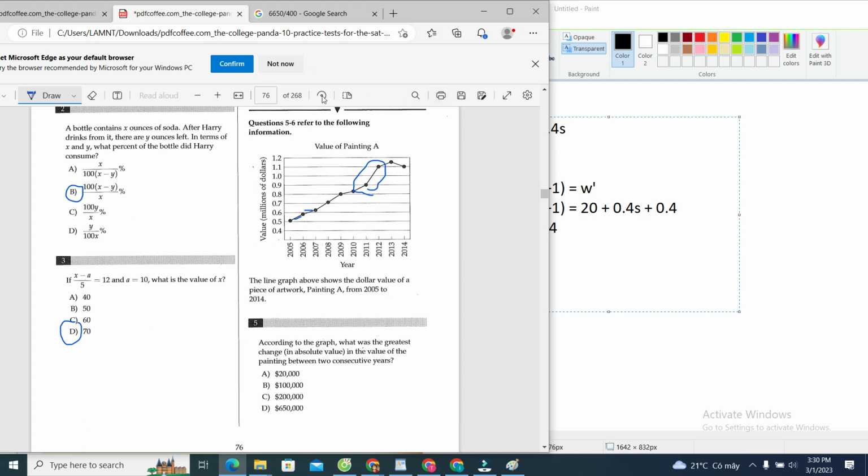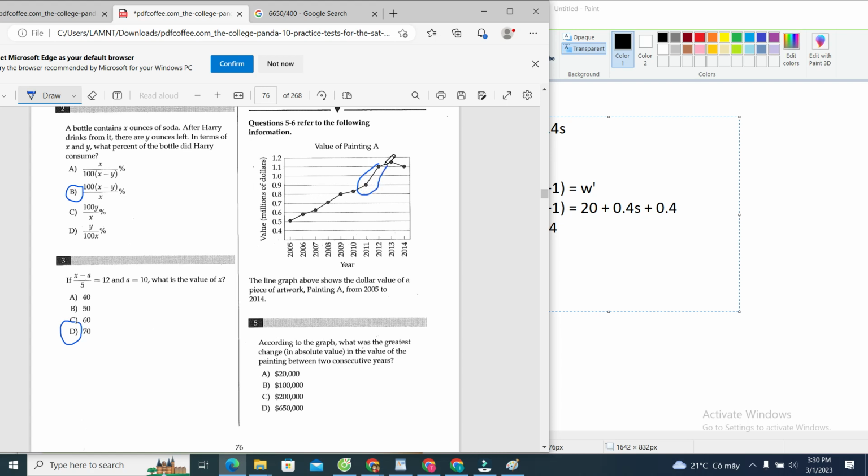Okay, I'm gonna delete it so we can see more clearly. All of the differences between 2 consecutive years are around 100,000 or less, but this part here is like 200,000.